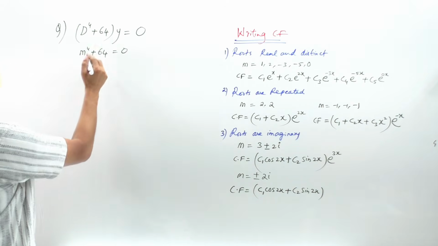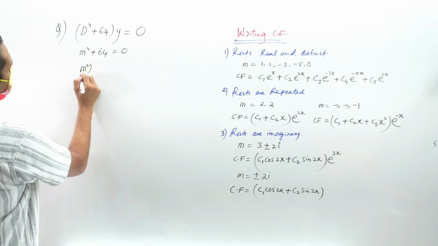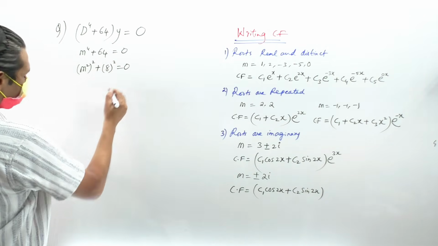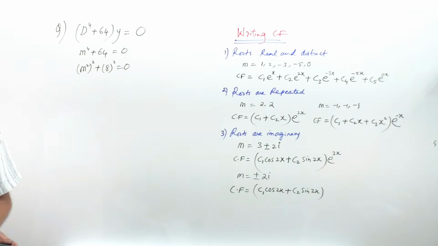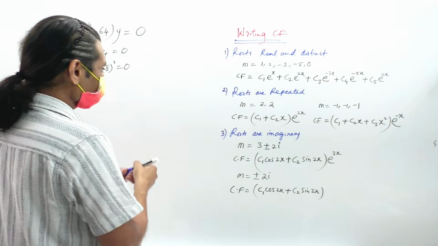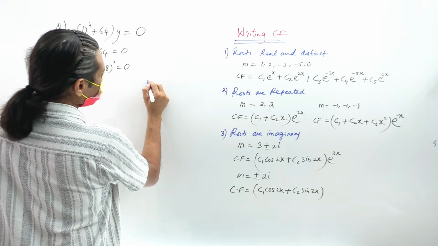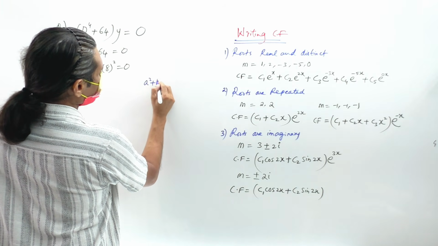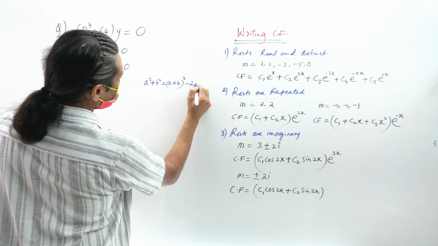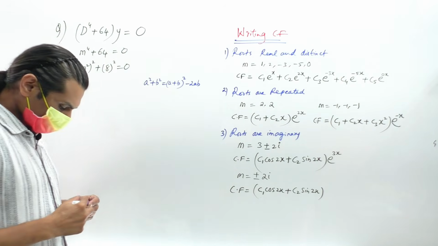Now to find the roots, I rewrite this as m square square plus 8 square is equal to 0, because I have given one simple identity over there in the previous theory, that we can write a square plus b square is equal to a plus b the whole square minus 2ab. Am I right?